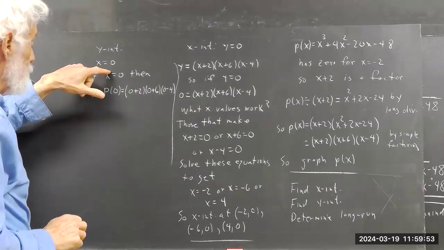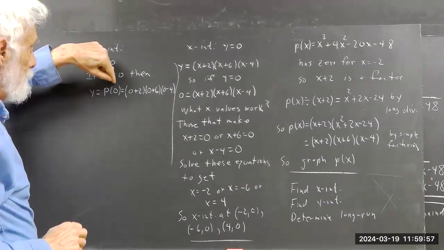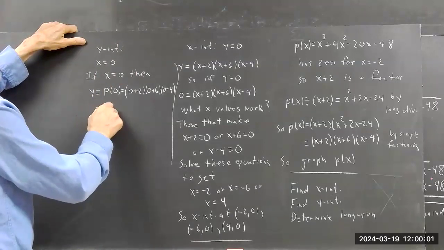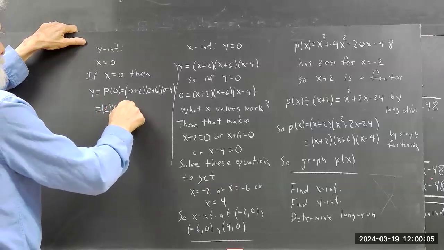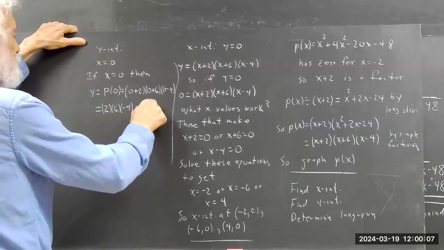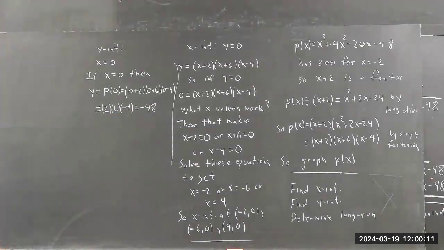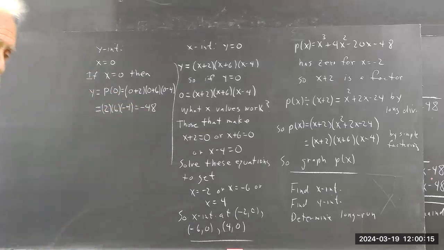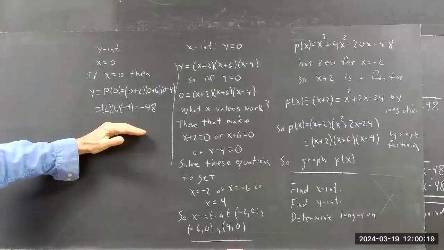Okay, if you know x, for the y-intercept, you're going to find a y value. Y is p of x, so p of 0 would be this, which is 2 times 6 times -4, which is -48. It's very easy to calculate, but you're going to put yourself at risk of doing the wrong thing if you don't know why you calculated it and what it means.